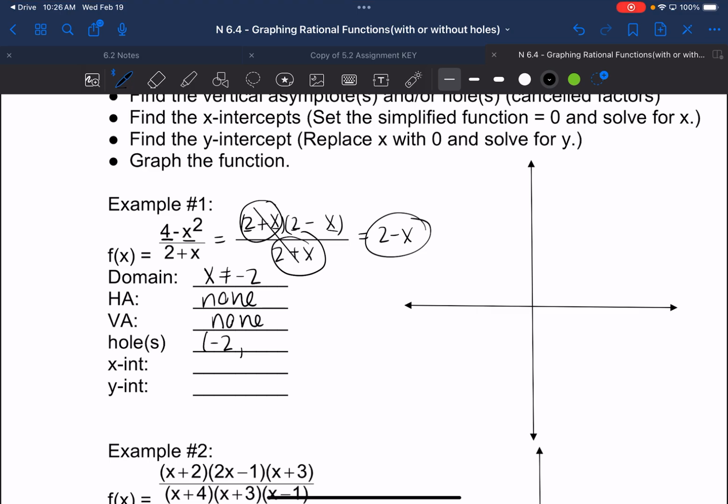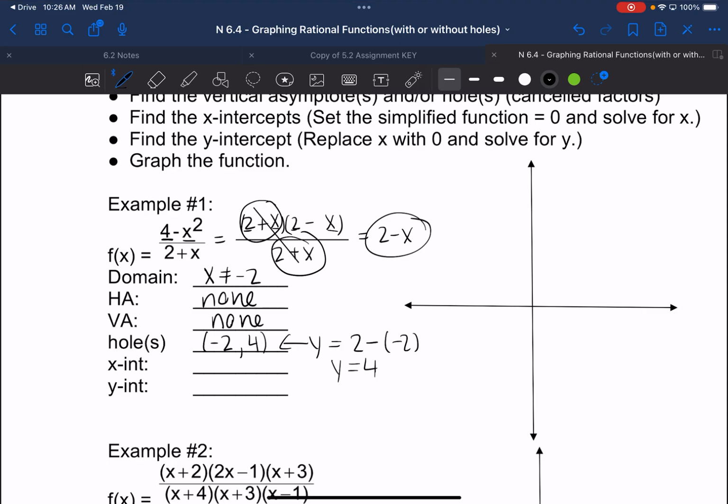So if I were to plug it in, I'd have 2 minus, and then we plug in x, which we now know to be negative 2. All right, well, minus and negative really means we're adding, right? So when I add 2 plus 2, I'm going to get 4. So my hole is at the point negative 2, 4.